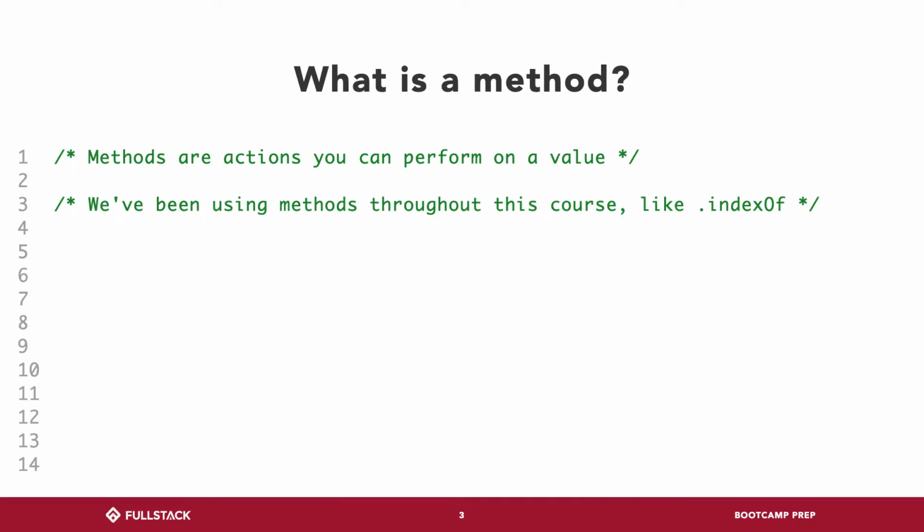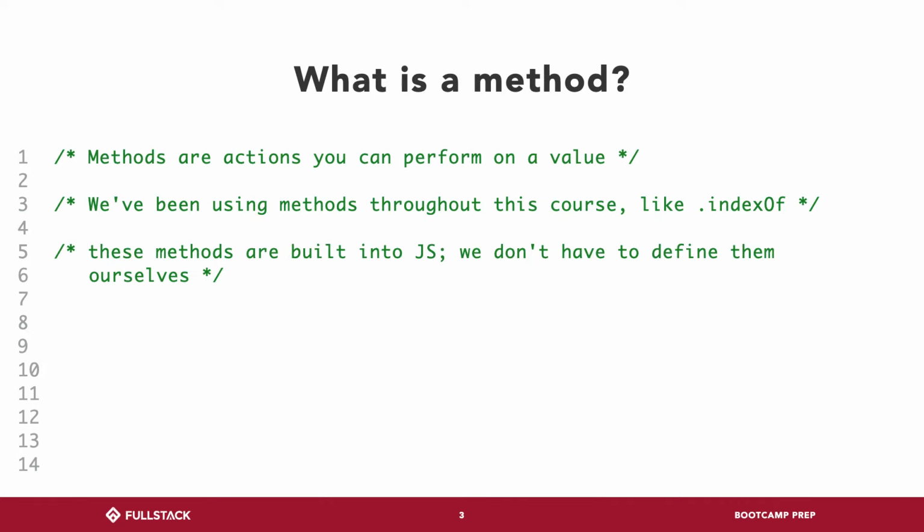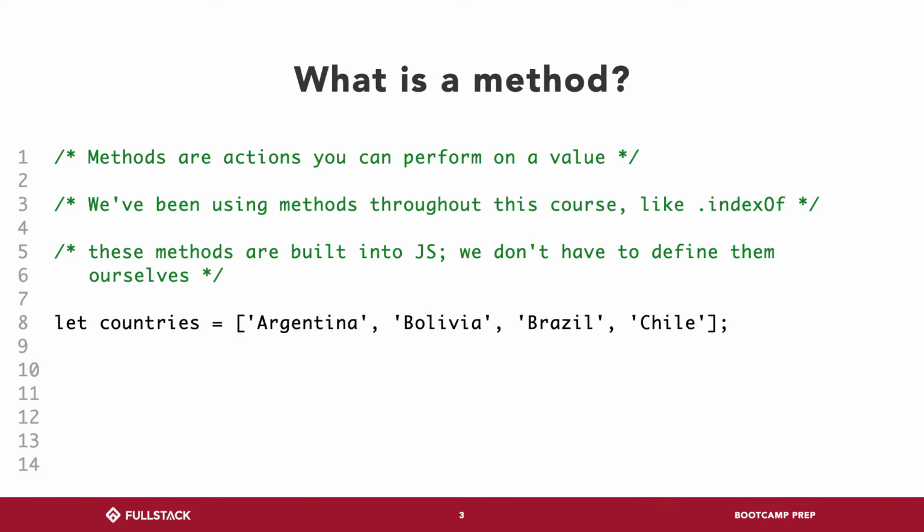Methods are actions you can perform on a value, okay? We've been using methods throughout this course, like .indexOf. These methods are built into JavaScript, and we don't have to define them ourselves.